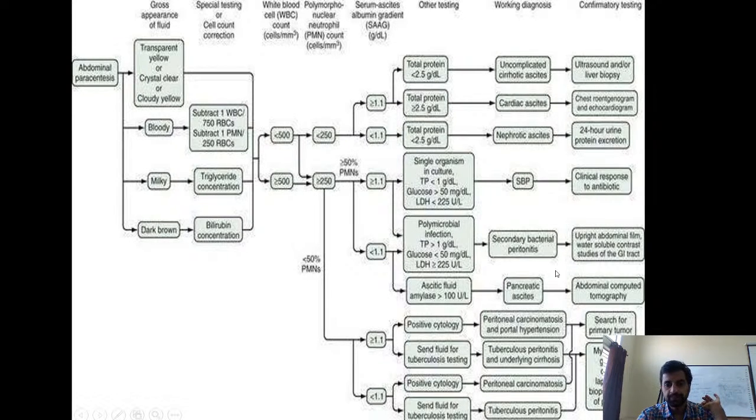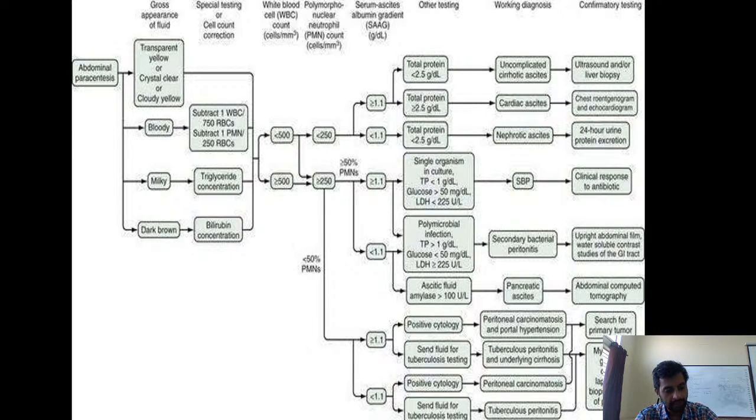All of these cause secondary bacterial peritonitis or pancreatitis, local inflammation of the peritoneal cavity and hence ascites. But whenever the SAG is more than 1.1, now you say there is portal hypertension also.